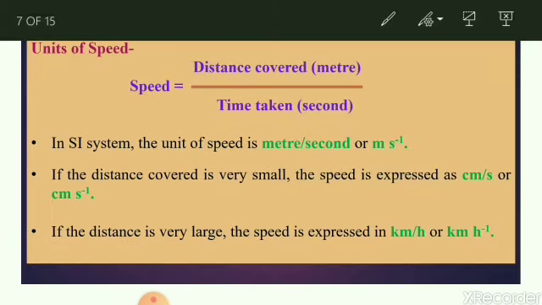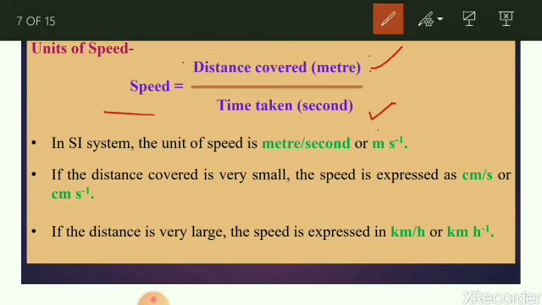Now next, units of speed. We have studied in 6th class that the SI unit of distance is meter and the SI unit of time is second. Now we know the formula of speed: speed is equal to distance covered upon time taken.